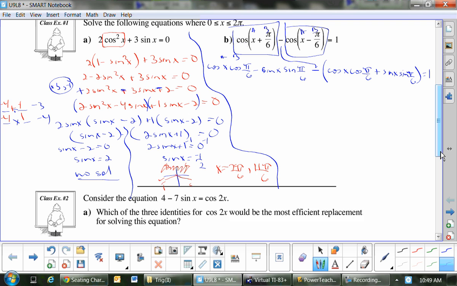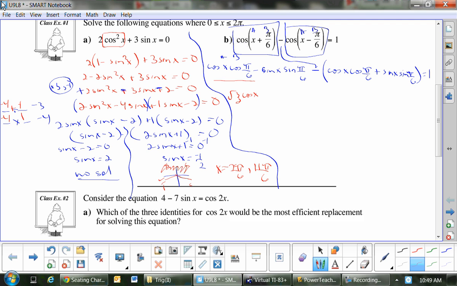Now we can simplify this, because what's cos pi over 6? Root 3 over 2. So this would be root 3 over 2 cos x. The number always goes first. I can't solve cos x, but I can solve root 3 over 2.